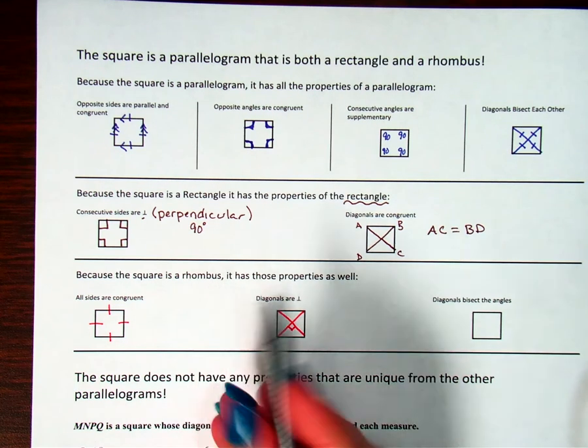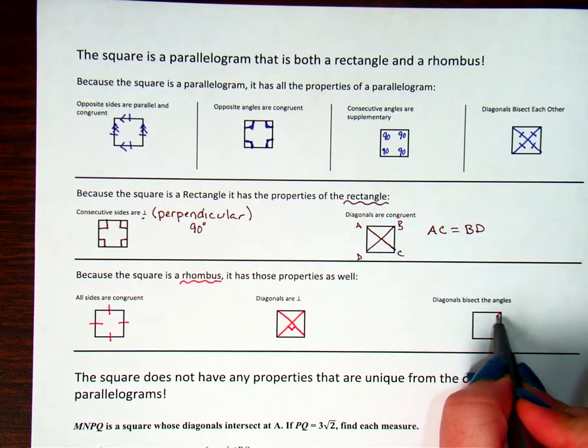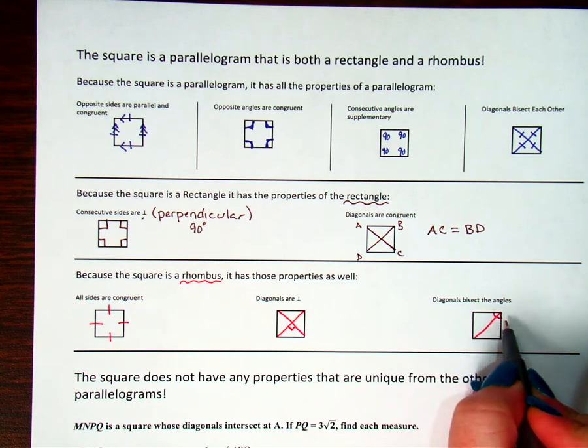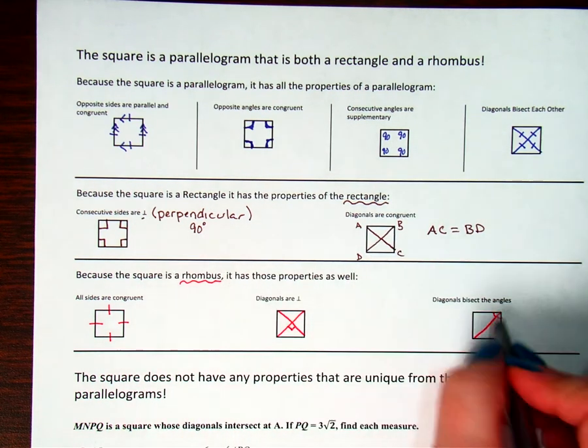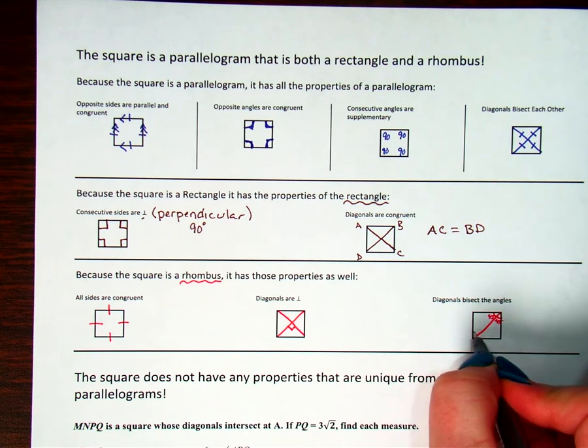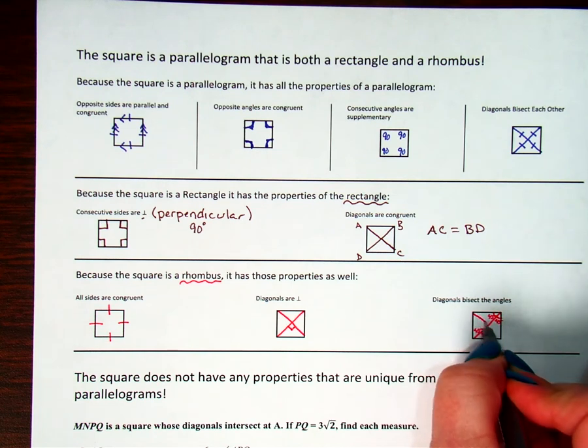And then because it's a rhombus, I know it's going to bisect the angles in the corner, so I know these are going to be the same. Now I know already, since it's a rectangle, that they're 90, so I know when I bisect them, they're always going to be 45s. And we talked about that when we talked about our 45, 45, 90 triangles, right?